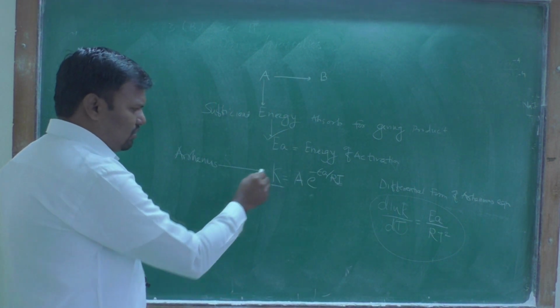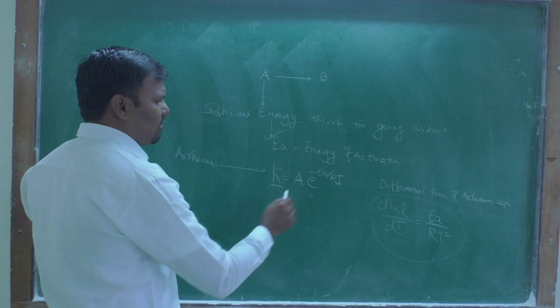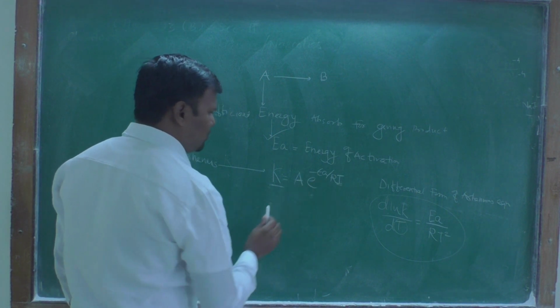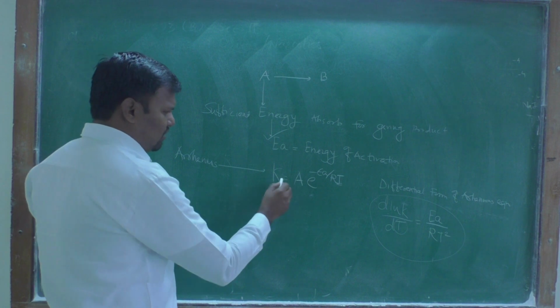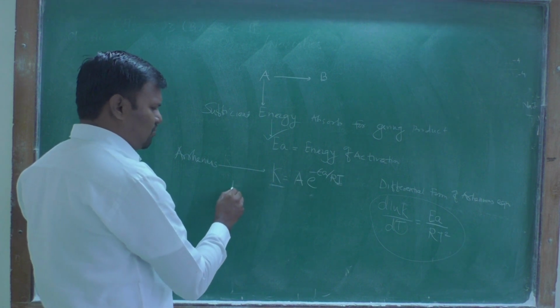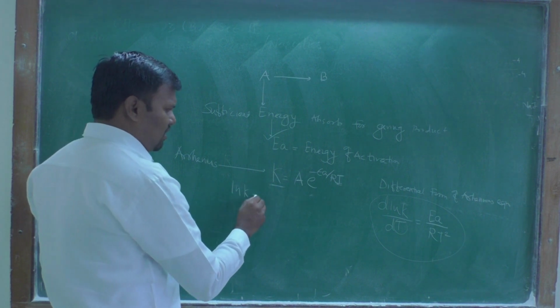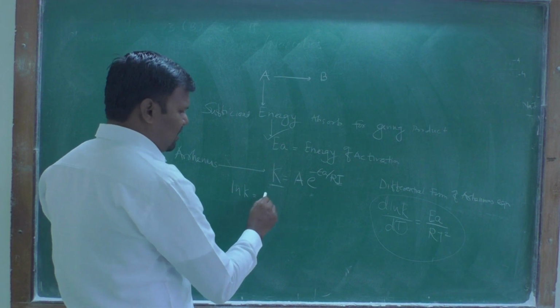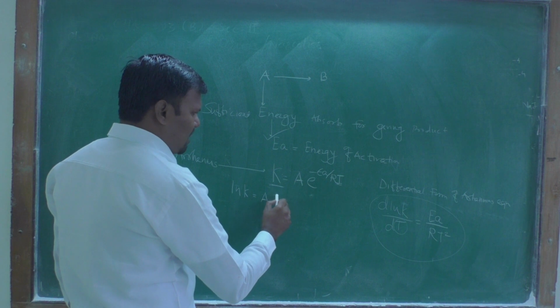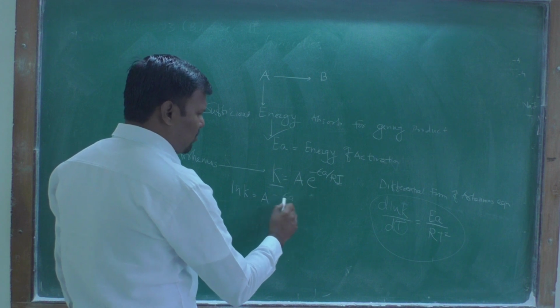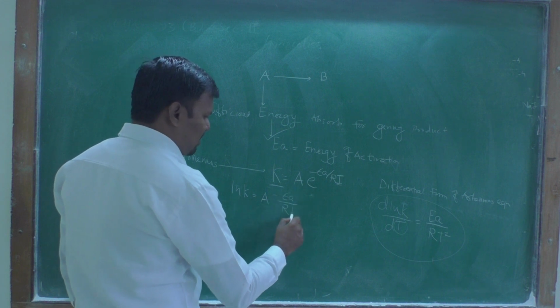Okay, when you differentiate it, for removing this exponential term, we have to take the log on both sides. Therefore, ln k is equal to ln A, and when you take the log, it becomes minus Ea upon RT.